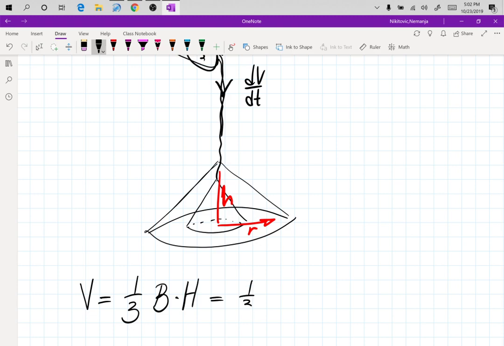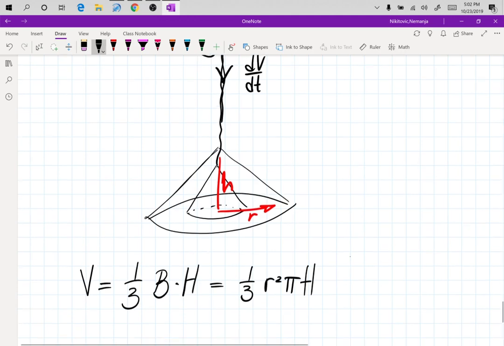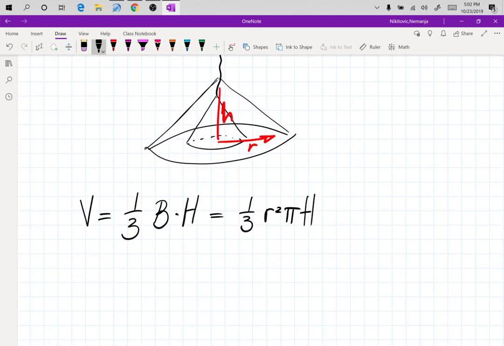The base is the circle, so that's r squared pi, and I have the height of the cone. Awesome. So now I know that the volume is pi over 3 r squared h. You can use lowercase h if you want to, doesn't matter. So this is the volume of the cone.